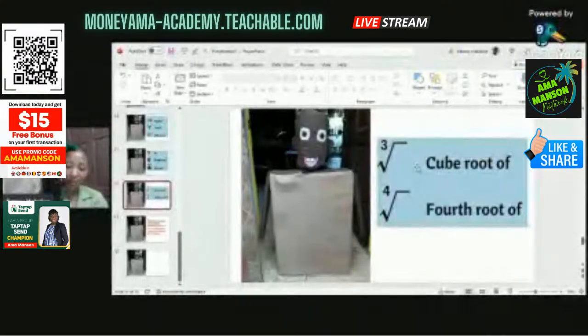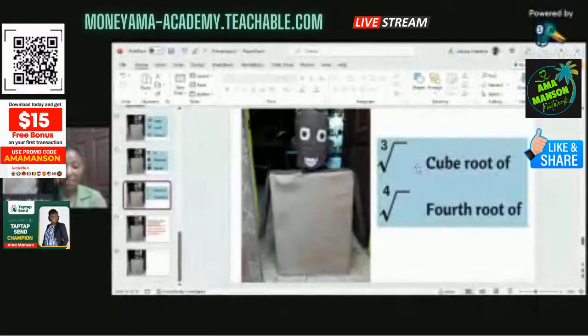So for example, if I multiply 2 times 2 times 2, I'm going to get 8. 2 times 2 gives 4, 4 times 2 gives 8. So 2 cubed gives 8. The reverse of that would be the cube root of 8 is 2, right?